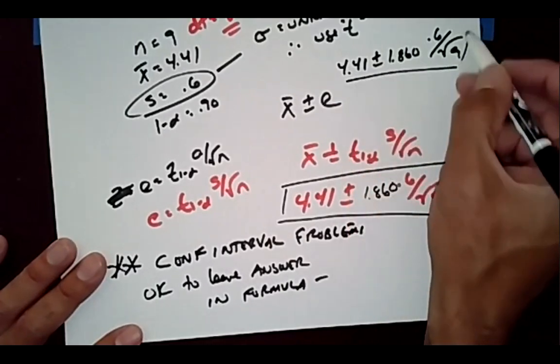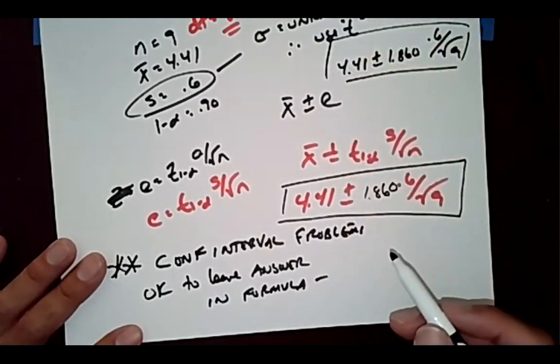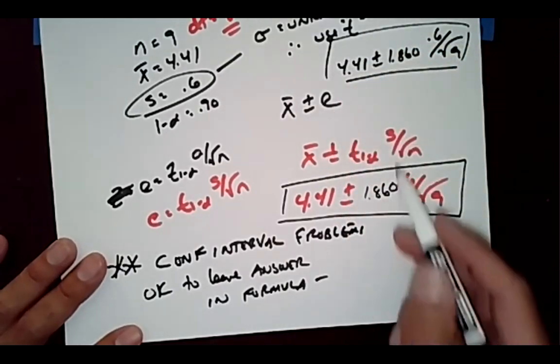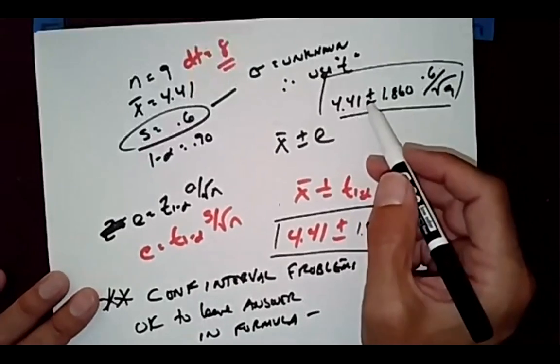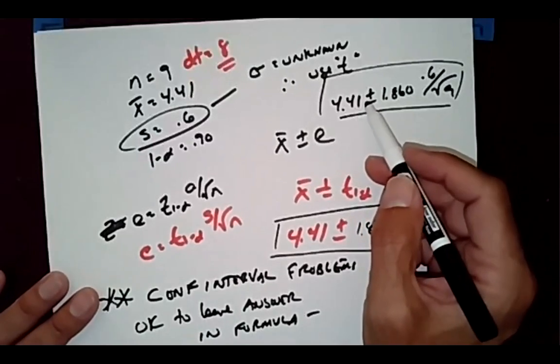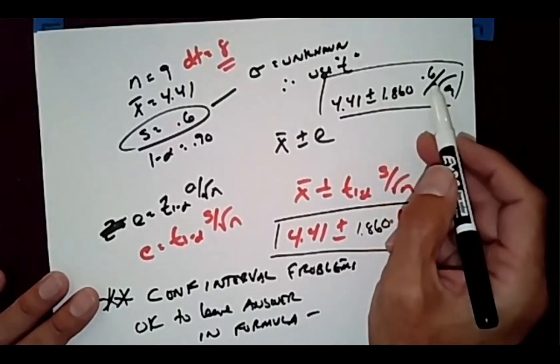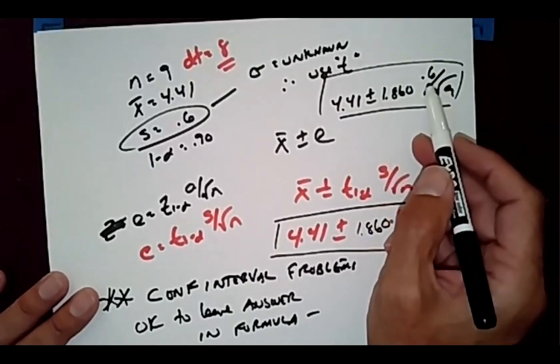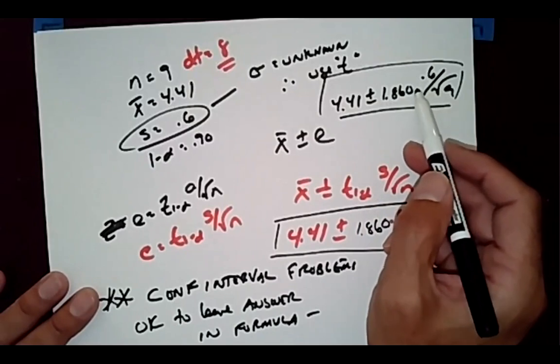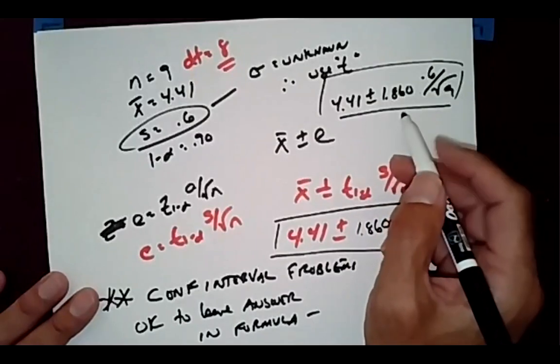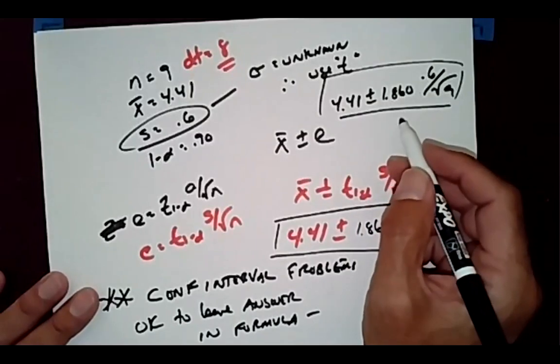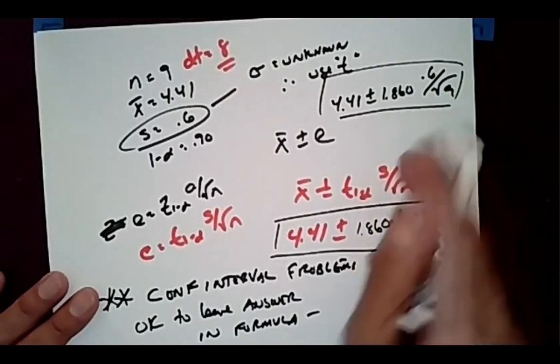This is an acceptable and actually a preferred answer. I'm assuming at this point in your education, you could do the math, right? So it's not important for me to know that the answer is 3.7 to 5.9. It's more important to know this.